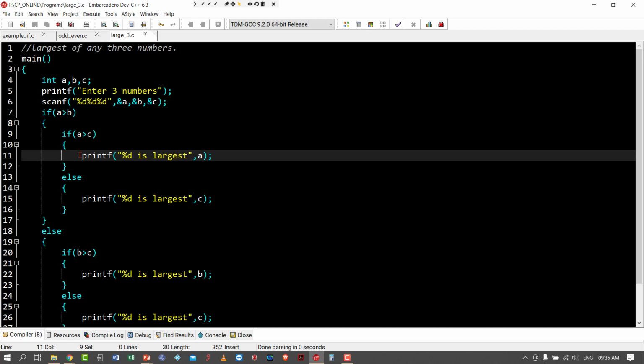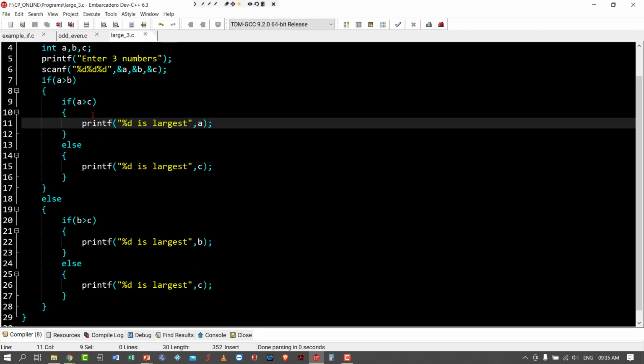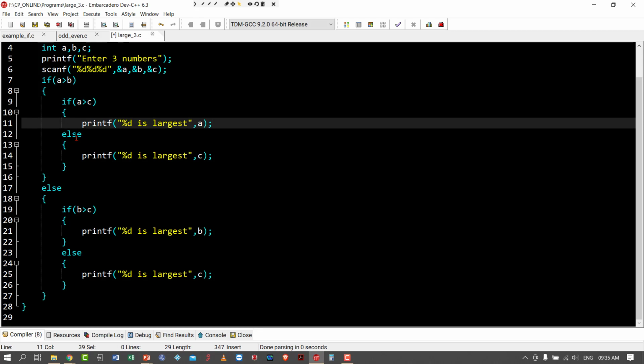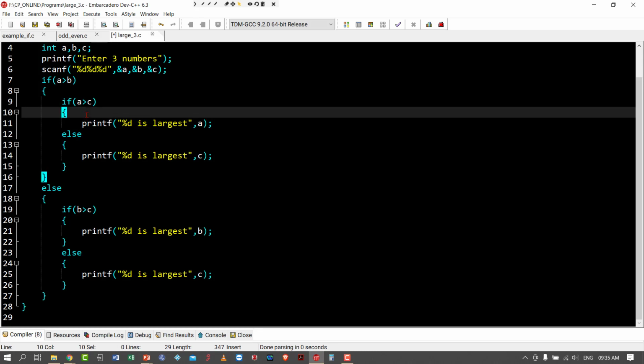So one more thing I want to convey here. Inside this A greater than C, I have only one statement to execute. Listen very carefully. I have only a single statement. So if it is a single statement inside a particular condition, the braces are not mandatory.